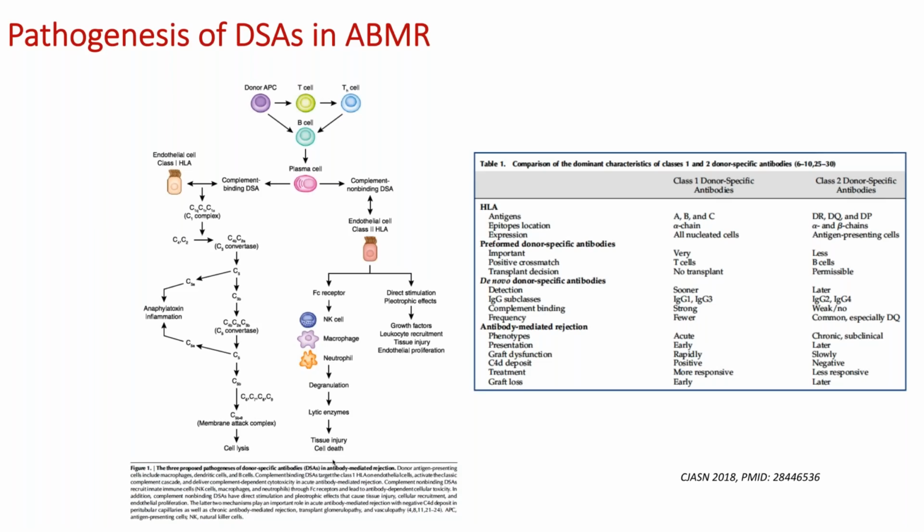Do antibodies always cause cell death? No. So again, this pathway can cause direct stimulation and pleiotropic effects, which results in growth factors, leukocyte recruitment, tissue injury, and endothelial proliferation. So this is what is resulting in the endothelial remodeling. So when I say transplant glomerulopathy is double contouring, new basal membranes are being laid.